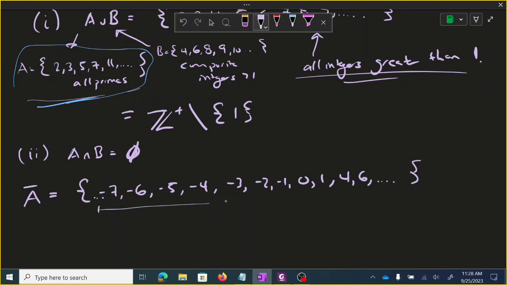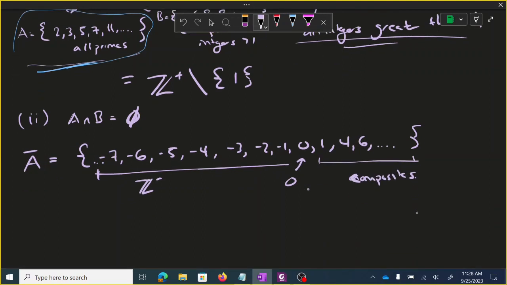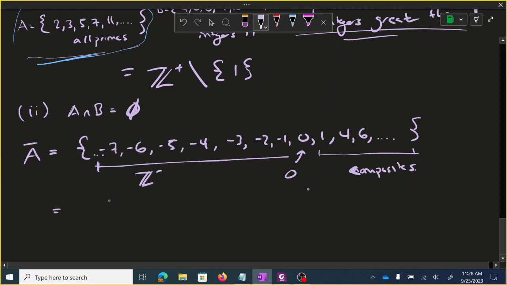So here is really Z negative. Then we have 0. And then we have the composites. So another way to write this, and these are all disjoint, right? Z minus is disjoint from 0, which is disjoint from all the composites.